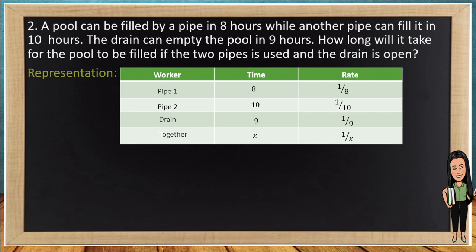Ngayon, yung drain, dahil yun ay nag-a-undo nung ginagawa nung dalawang pipes, ibig sabihin, we have to subtract. Yung pipe 1 at saka pipe 2, i-add natin yon. Yung drain, dahil it does the opposite of what is required, subtract natin yon. We have 1 over 8 plus 1 over 10 minus 1 over 9 equal to 1 over x. That will be our working equation.